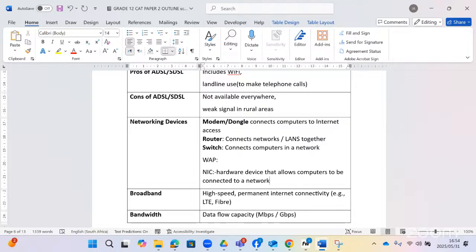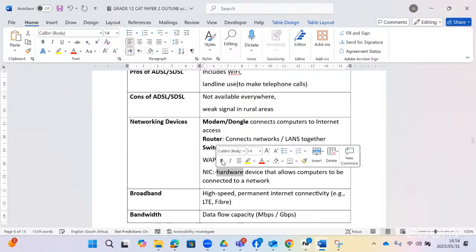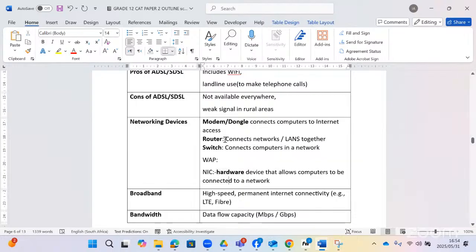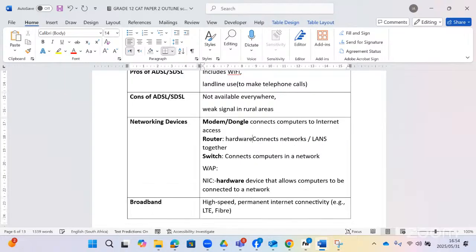So the NIC is part of the computer, some of them embedded into the motherboard, and it allows you to connect computers to a network. So when you are defining, the first keyword is hardware. Just like these ones here, you must say hardware. Always, keywords are very important.